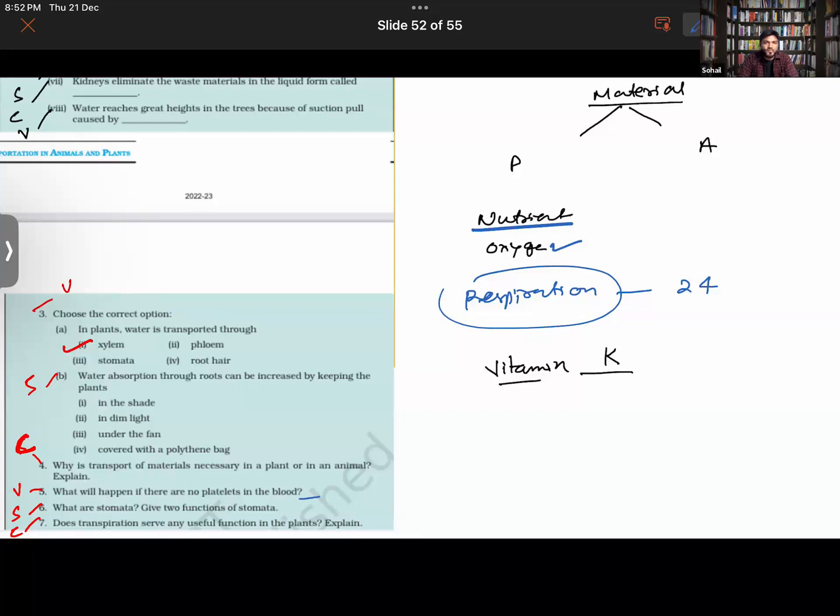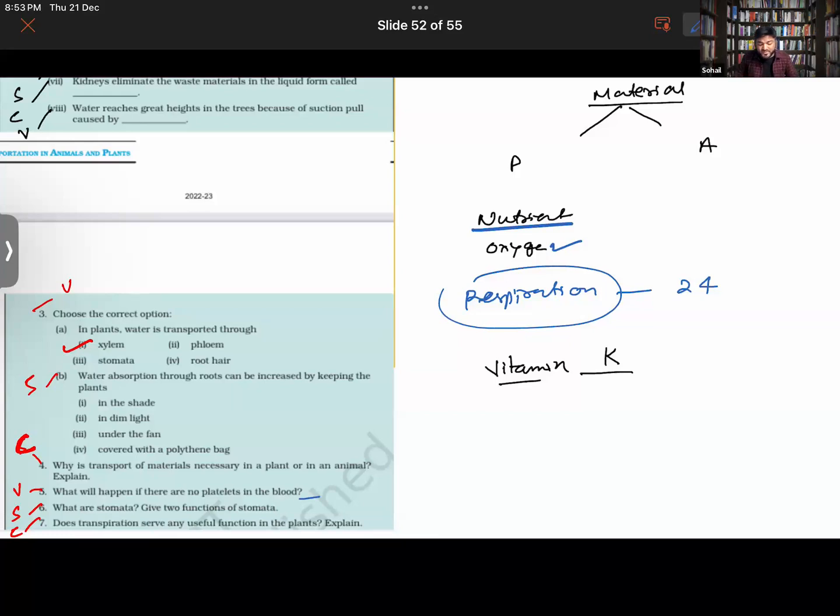Exactly. But that also varies from plant to plant, right? Some of the plants have got smaller roots, some have got deeper roots. The plants whose roots are more branched and deeper will be absorbing a sufficient amount of water, while the fibrous roots will not be absorbing that much water. That should also be considered here.